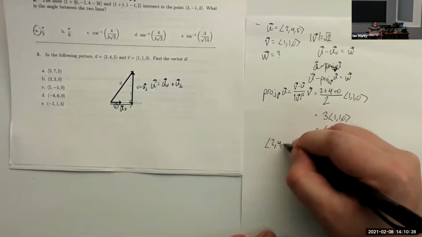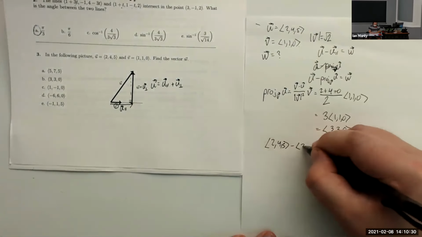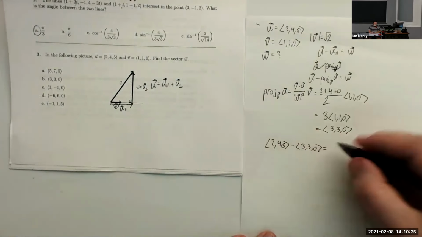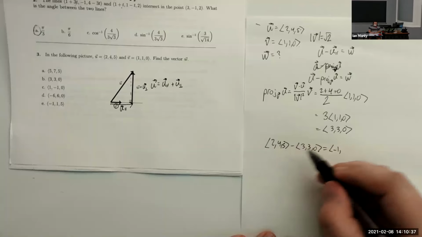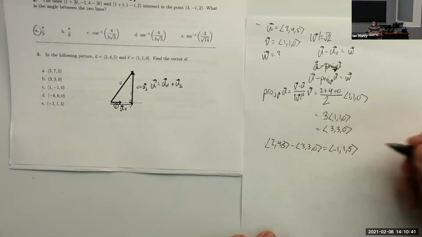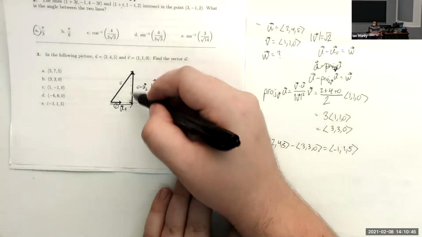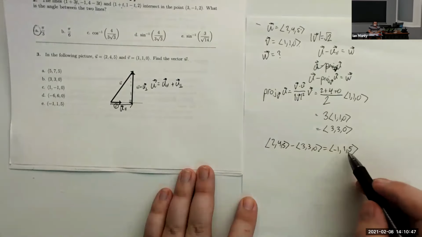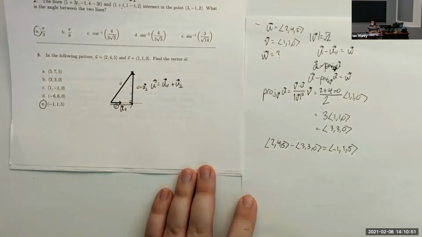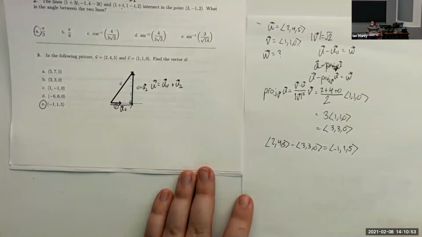So we have 2, 4, and 5 minus 3, 3, 0. 2 minus 3 is negative 1. 4 minus 3 is 1. 5 minus 0 is 5. So that means this vector right here is negative 1, 1, 5. So that looks like it's going to be answer E for this one.